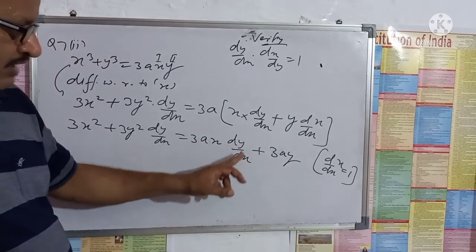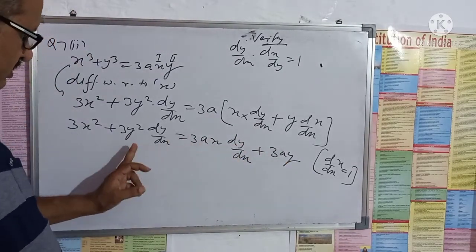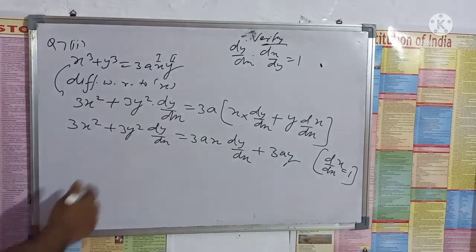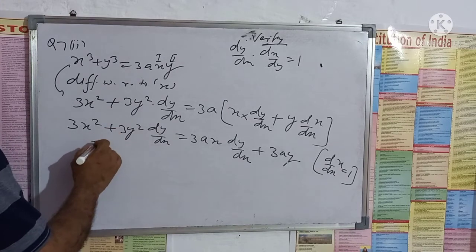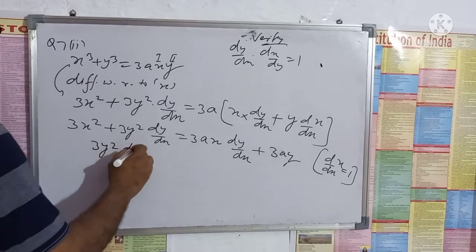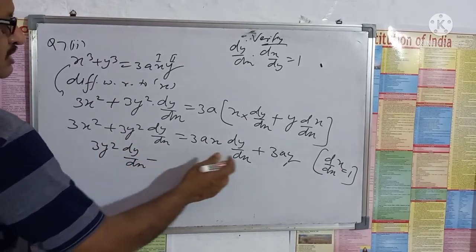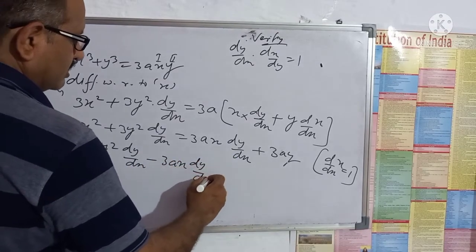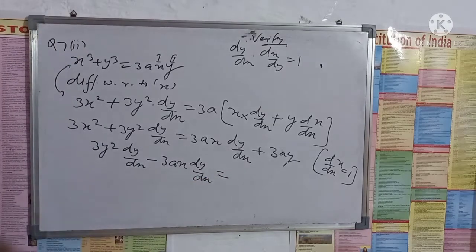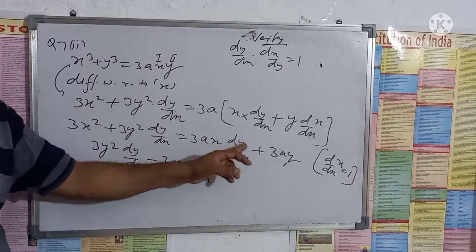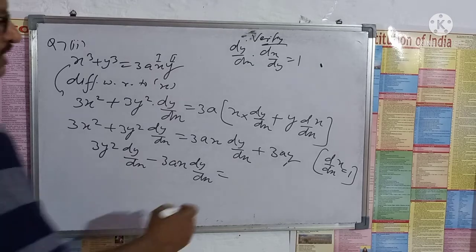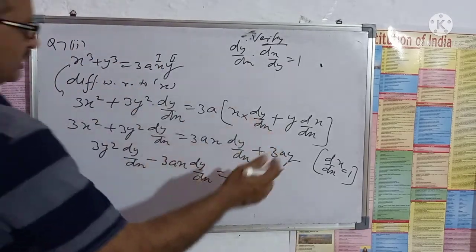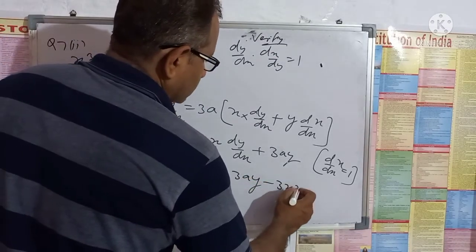We have to find dy by dx. So transpose the dy by dx terms to one side and the other terms to the other side. 3y square dy by dx minus 3ax dy by dx on the left side is equal to 3ay, and transpose 3x square, minus 3x square.